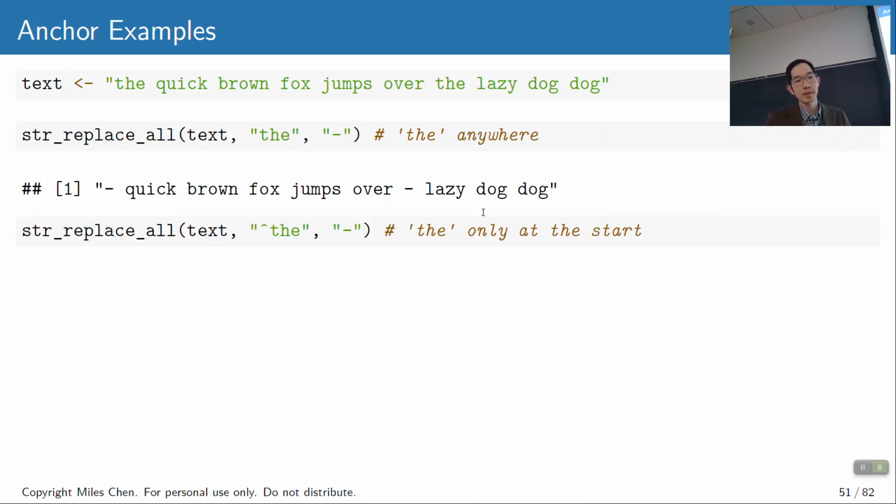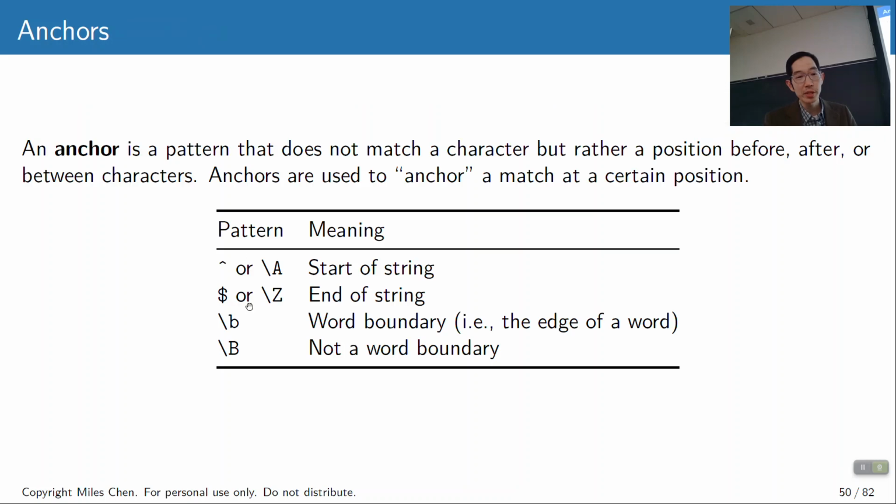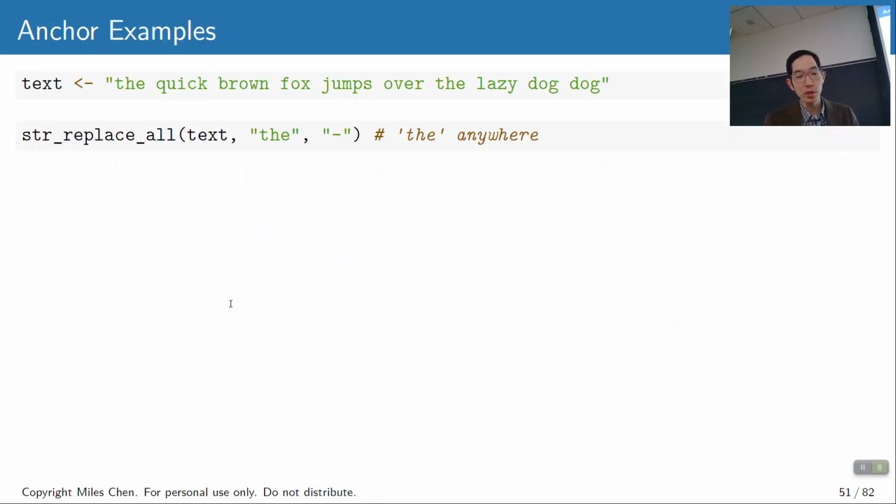Okay. Here, the caret indicates the start of the string. Okay, so remember, as far as anchors go, we have a caret for start or dollar sign for the end of the string. You can also use \A, and again in R you need a double backslash. Okay, capital A for start of the string, or \Z for end of the string. Yeah, again, caret or dollar sign also work.